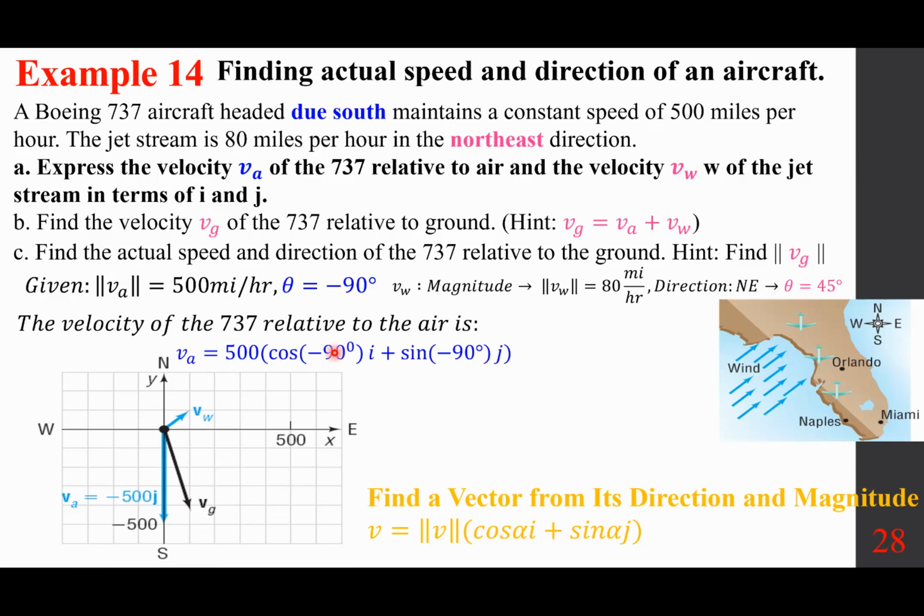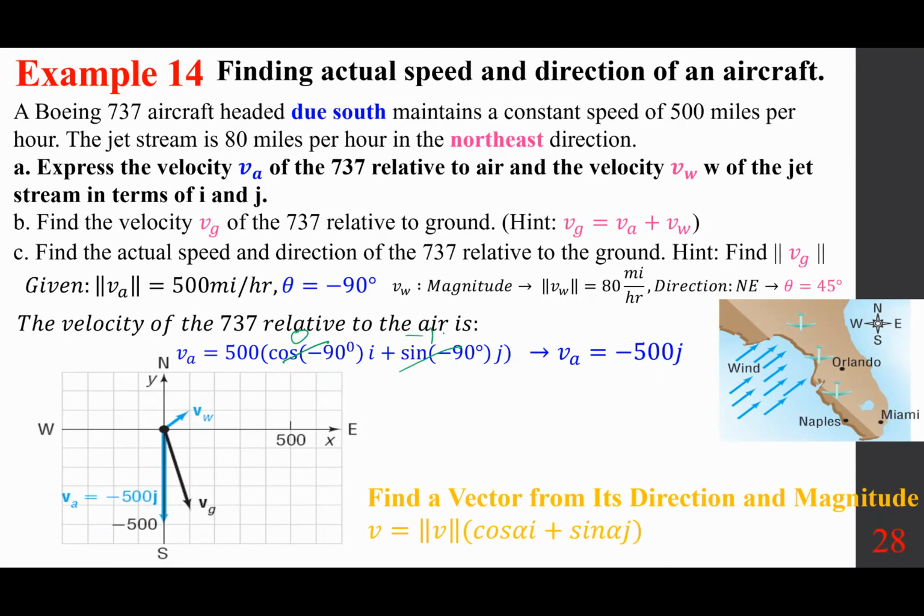The cosine of minus 90 degrees is 0. Sine of minus 90 degrees is negative 1. And so VA is minus 500J.